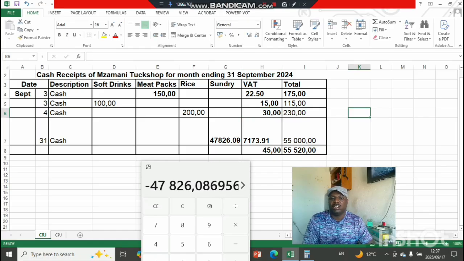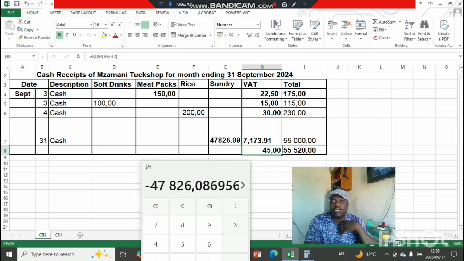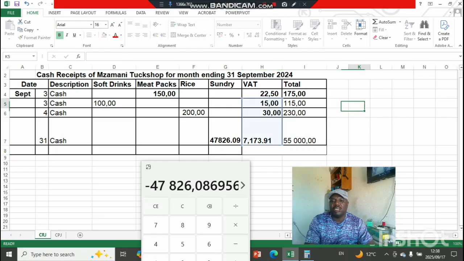Just leave it like that, and then 22.50. Then 45 plus that is 67.50, the VAT amount.